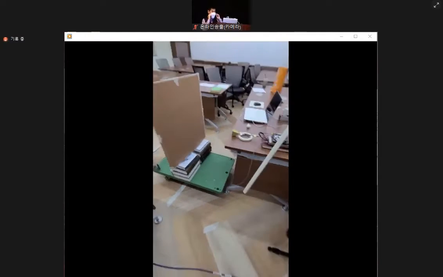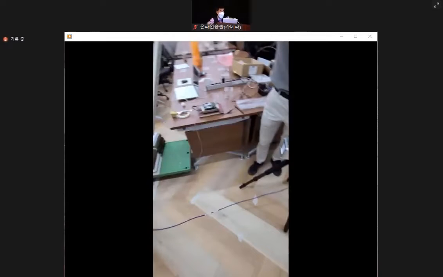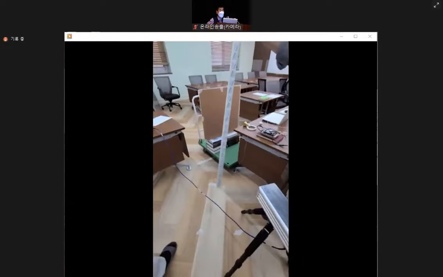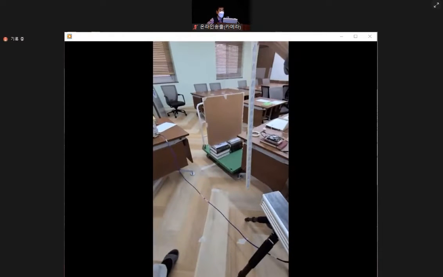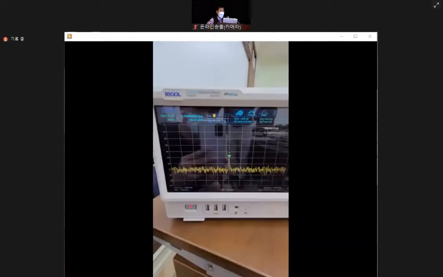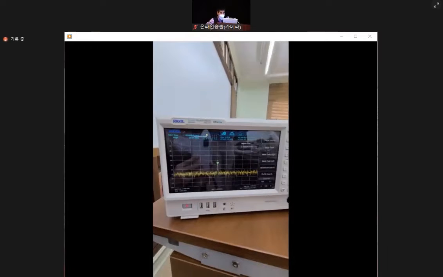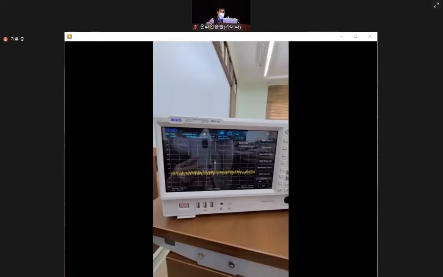Here, that's the farther point with the lower angle, but this is not the desirable angle. The desirable angle is 41 degrees here, not about 20 degrees. Let us check. Yeah, how much value does it read? Minus 50 point something dBm.